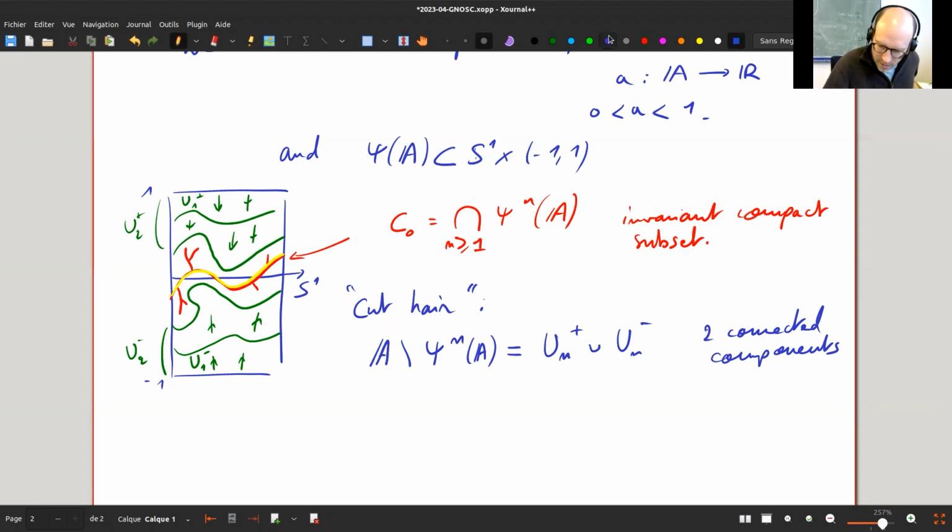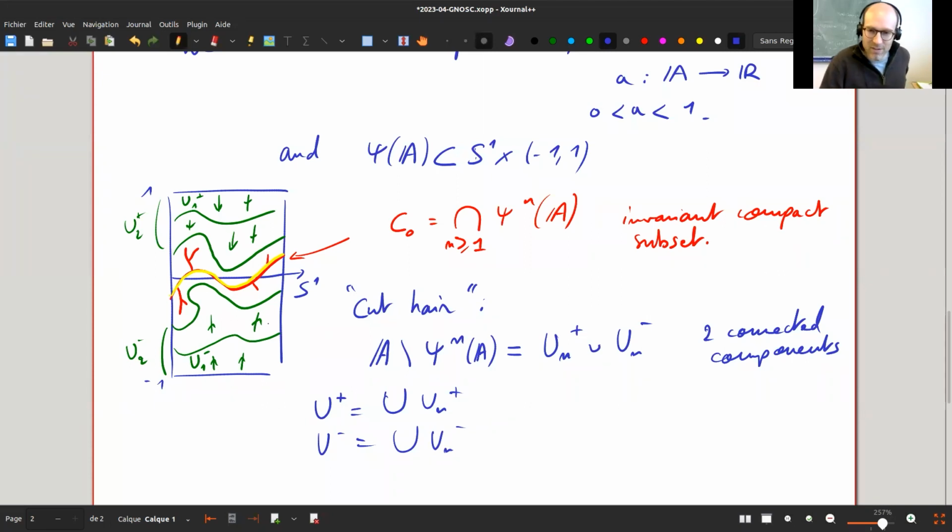And then if we set u plus to be the union of all un plus and u minus similarly, then u plus is everything which is above the red thing, and u minus is everything which is below the red thing.